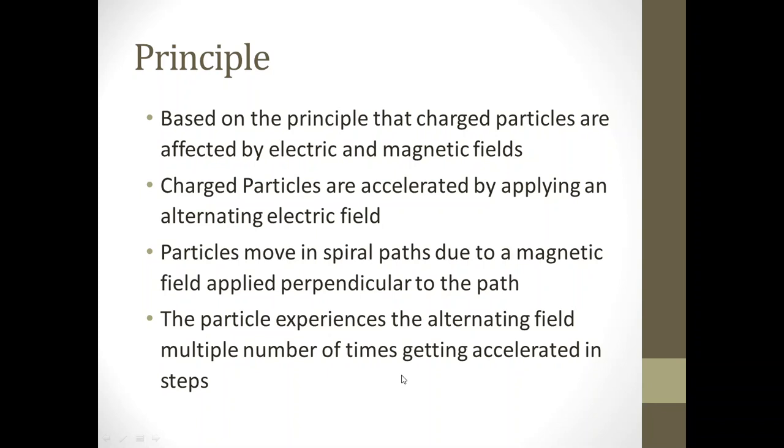It's not that we are applying a very strong or high voltage to the particle. We are applying a small voltage, but we apply it a number of times. So every time the particle experiences the field, it gets accelerated, in steps. How it is achieved, we can see when we talk about the construction and operation of the cyclotron.